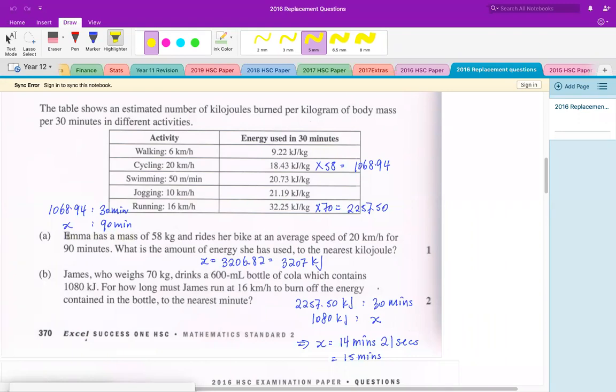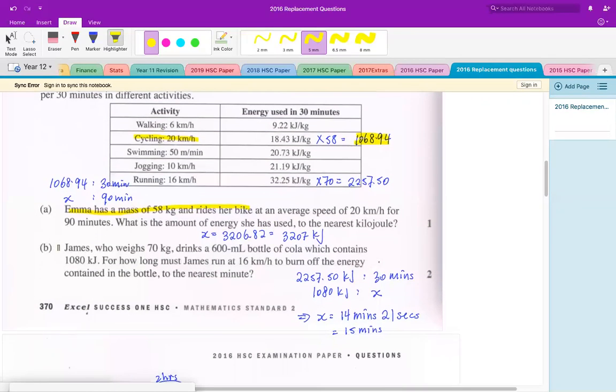So once I have read this part, I can just go to the table and times the cycling one by 58. Because I know Emma's cycling, right? So this is how much energy she actually uses for 30 minutes. So this much energy for 30 minutes, how much for 90 minutes? That's what the question wants you to find. So cross multiply, it will give you 3.